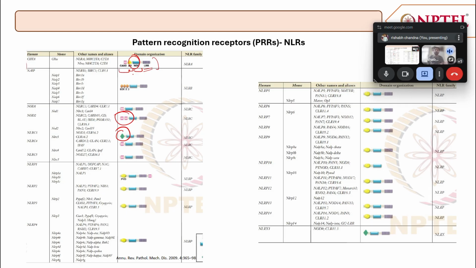Okay, so I am not going into that much detail on the function and the other names of the particular NLRs, but the major thing to keep in mind is that most of the NLRs have similar function and similar structure, but they recognize different ligands.